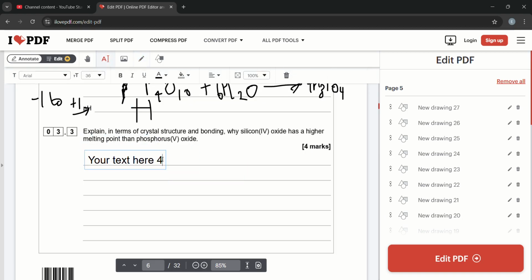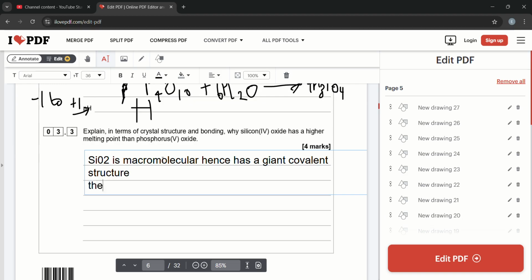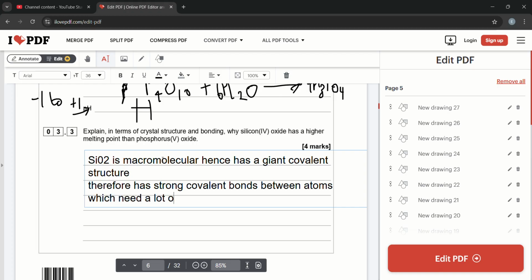Well, we should know that silicon dioxide, SiO2, is macromolecular, hence has a giant covalent structure, therefore has strong covalent bonds between atoms, which need a lot of energy to overcome. It's high.